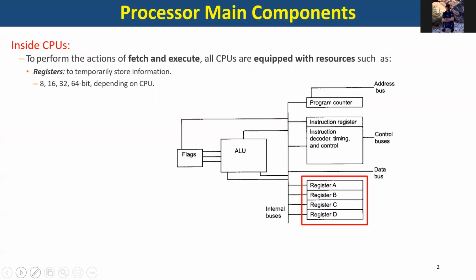So what is basically the main component that the processor depends on to process or to execute some instruction? The basic components are shown here in this figure, and we're gonna look at them one by one. The first component is registers. Usually processors have what's called registers, and registers are used as a temporary storage.